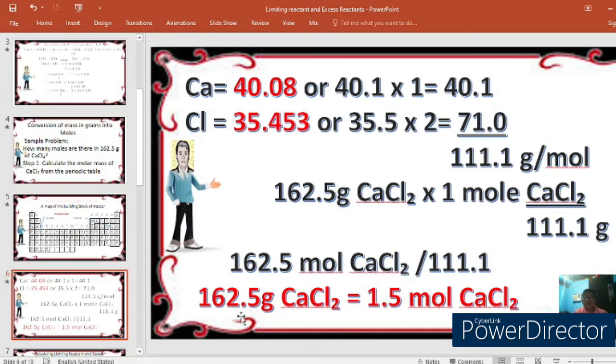So meaning, in every 162 grams of calcium chloride, there are only 1.5 moles of calcium chloride. So we have already converted from grams into moles. Alright, next.